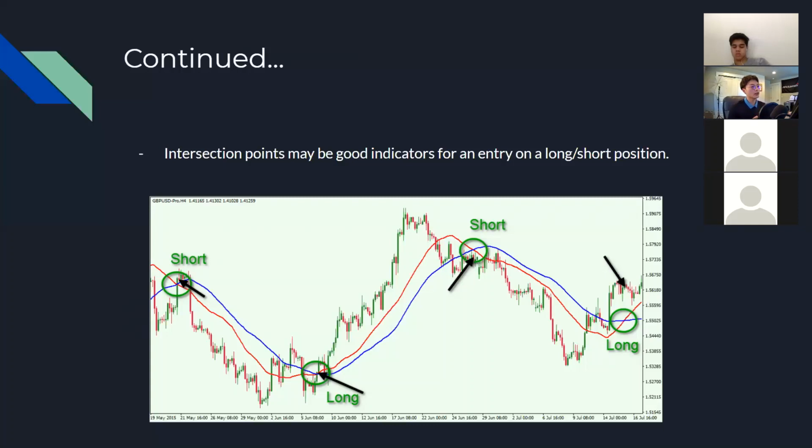So when you're thinking about this in terms of shares, when you're shorting a position, it means you're selling shares that you don't have, but you're predicting that the price will drop so that you can buy those shares back at a lower price. The same thing goes with the moving average graph here.